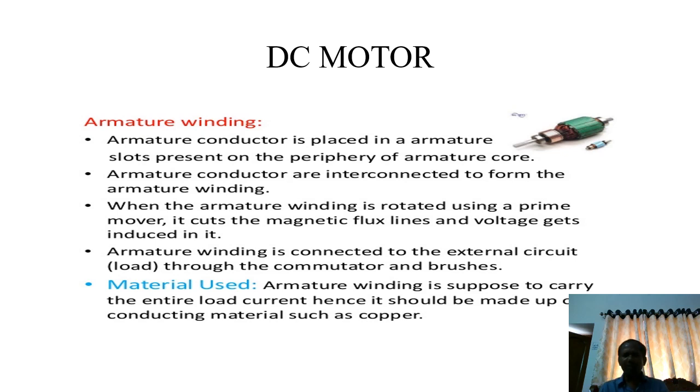What type of material do you use for construction of the armature winding? The armature winding is supposed to carry the entire load current, and it should be made up of conductive materials such as copper. Copper is used because it has low resistance, and these conductors are placed in the slots of the armature.